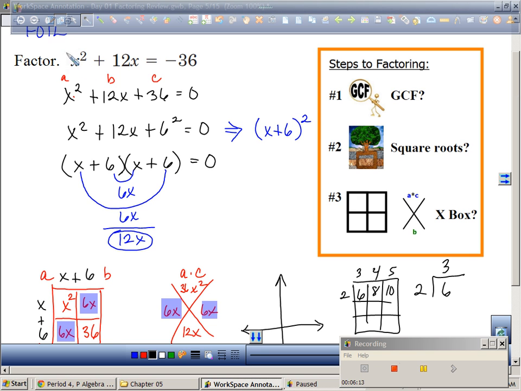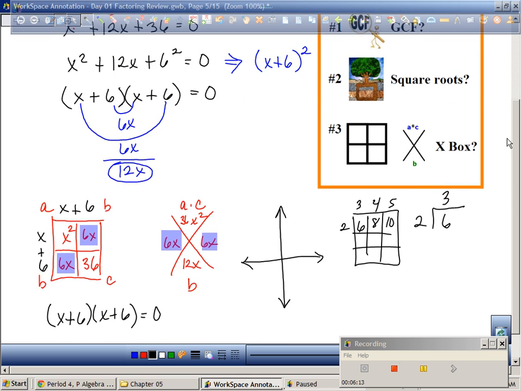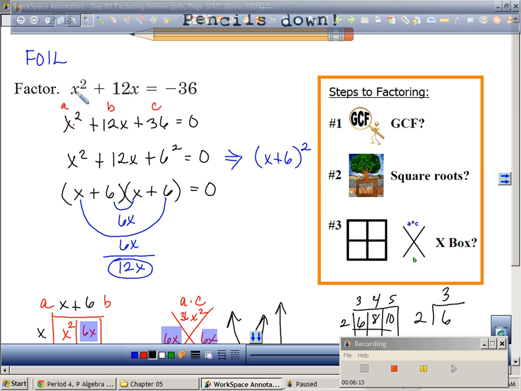Well, if it's a positive graph, it's smiling, right? So it would be positive, and it would be the lowest point. Where would the lowest point be, though? Where would it cross the x-axis? Perfect. 1, 2, 3, 4, 5, 6. So it would be a parabola, smiling upward. I know that it has a regular slope because the slope in front of x squared is 1.